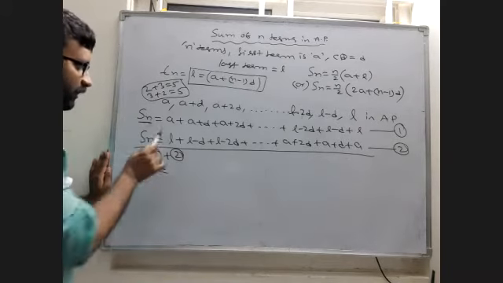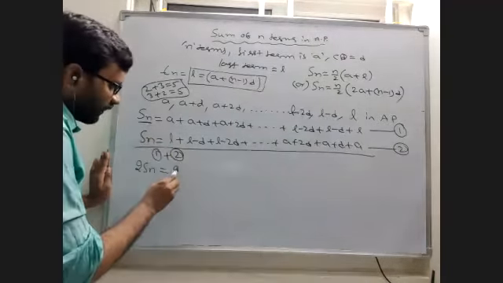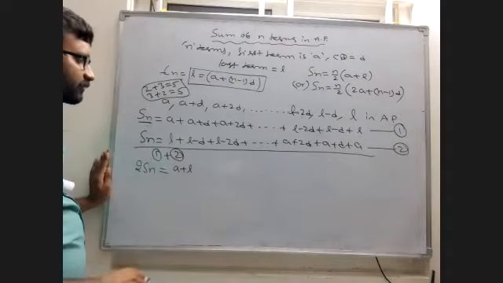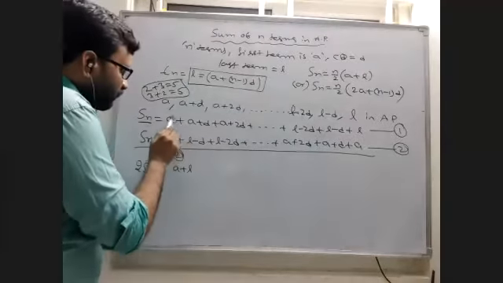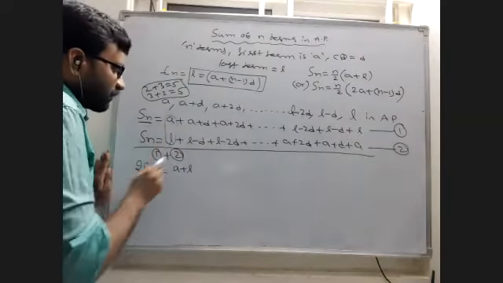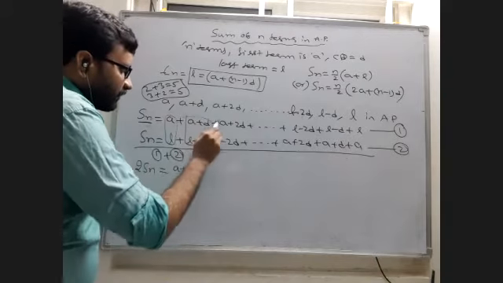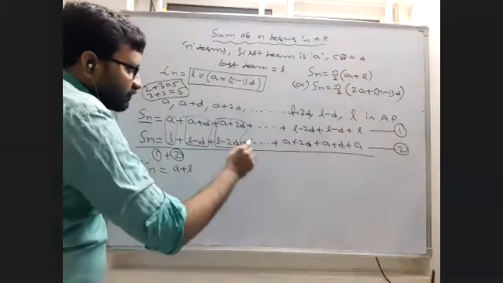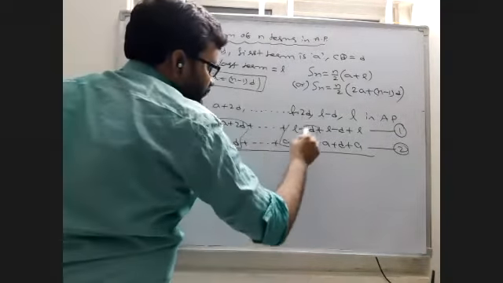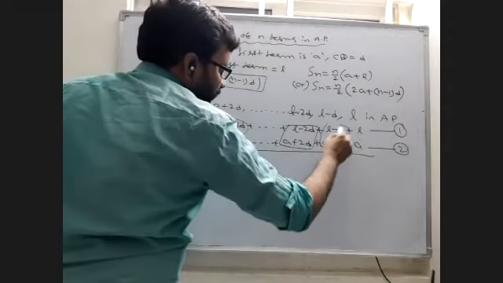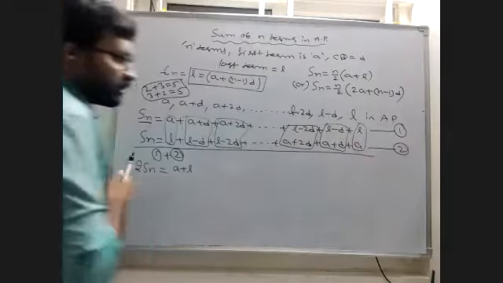Adding these two, A plus L. Next, first I am adding these two terms and then the second terms I will add. Then the third terms I will add, and so on. And these two terms I will add, then these two terms, then the last terms also I will add.